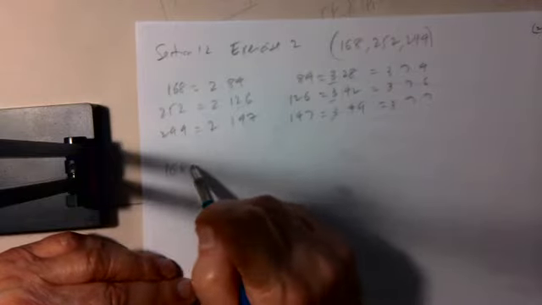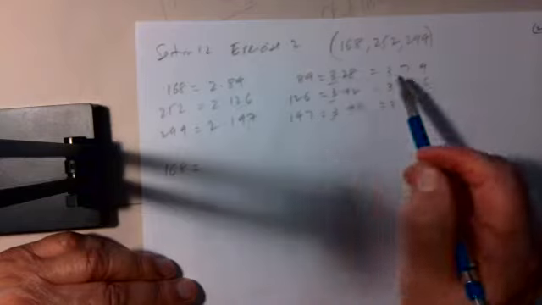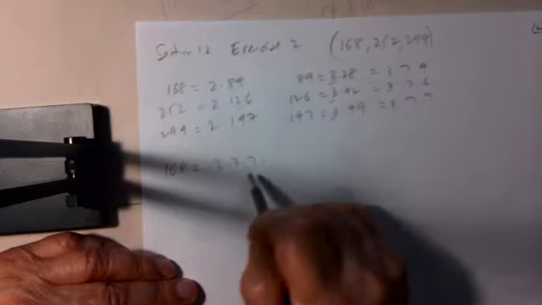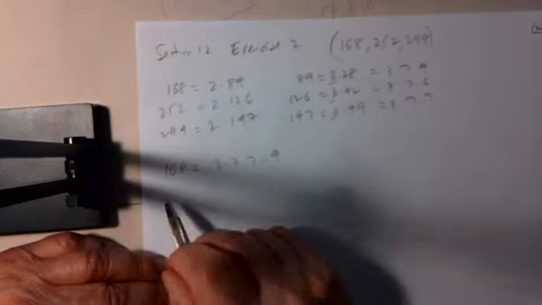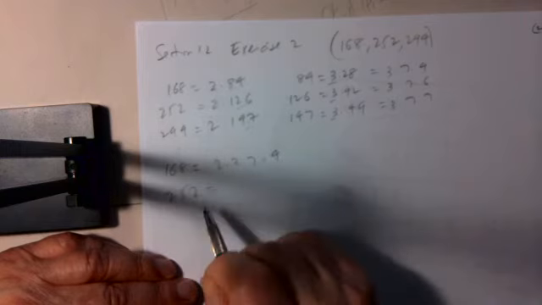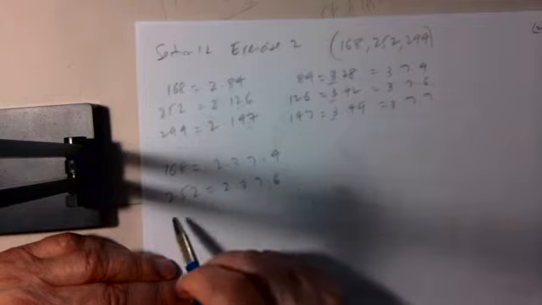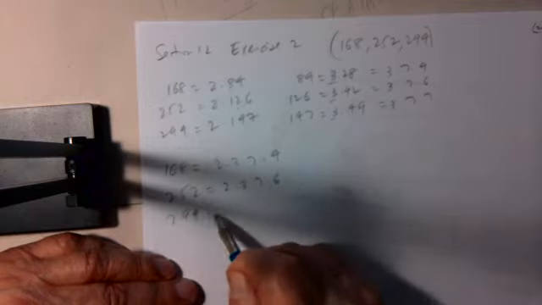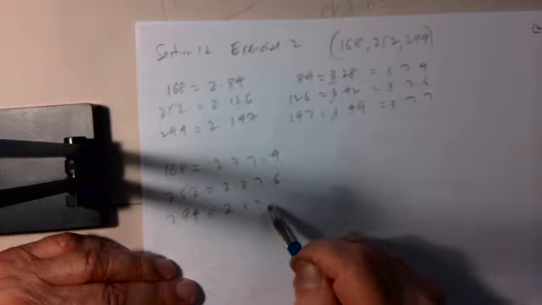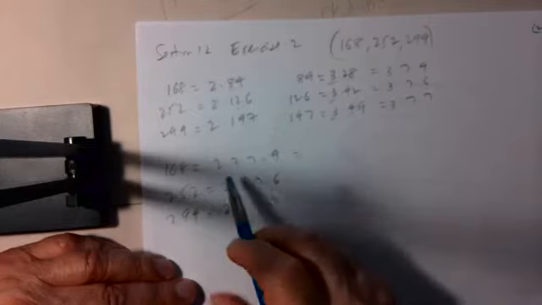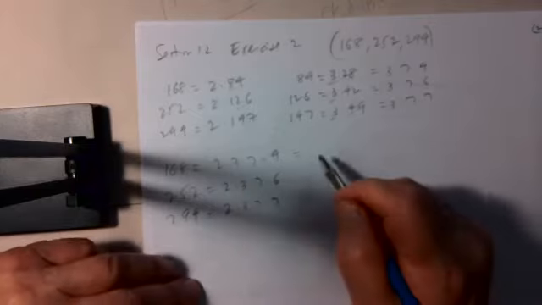So we have 168 is 2 times 3 times 7 times 4. 252 is 2 times 3 times 7 times 6. And 294 is 2 times 3 times 7 times 7. 2 times 3 times 7 is 42.